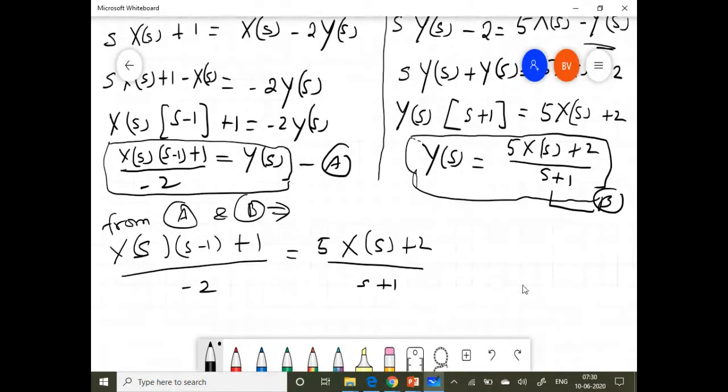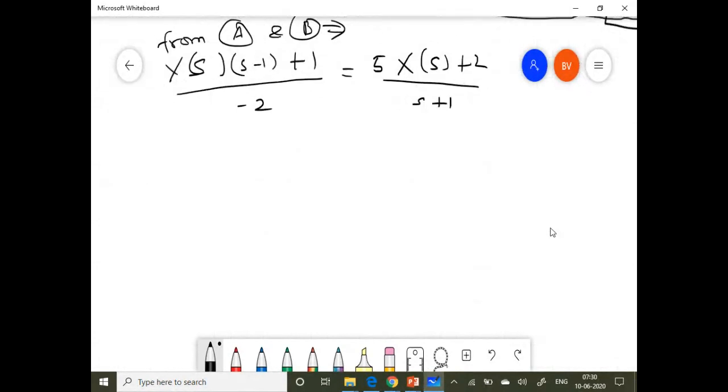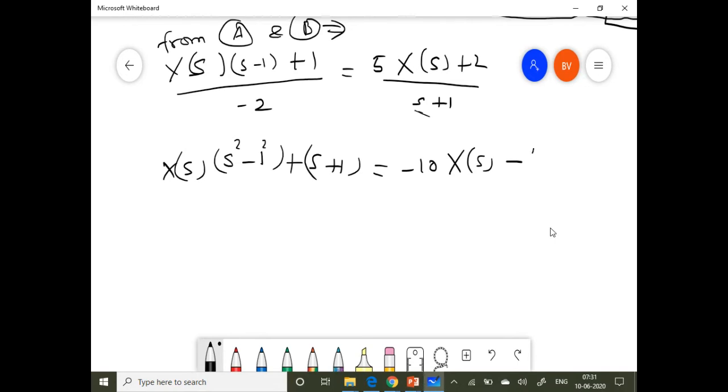Okay, cross multiply the denominators on both sides. So you get this term should be multiplied here with the numerator, and -2 goes into the right side. So x of s and s minus 1 into s plus 1, it will be s square minus 1 square, because a minus b into a plus b, plus s plus 1 is equal to minus 10 x of s and minus 4.